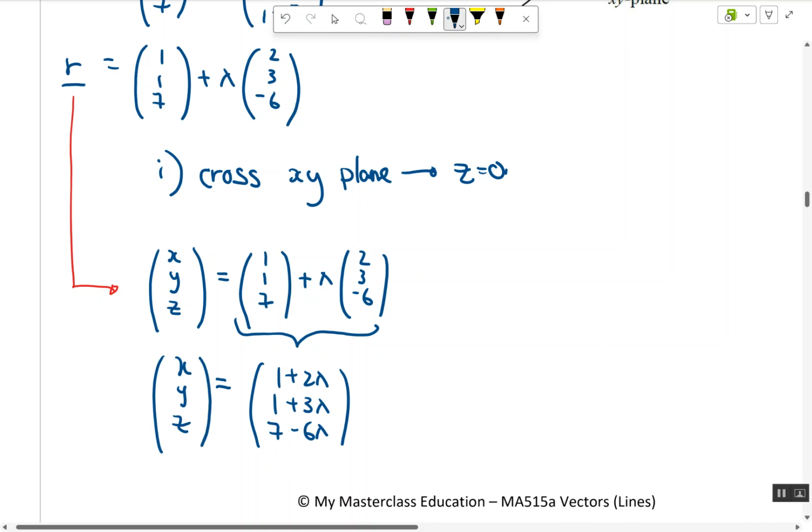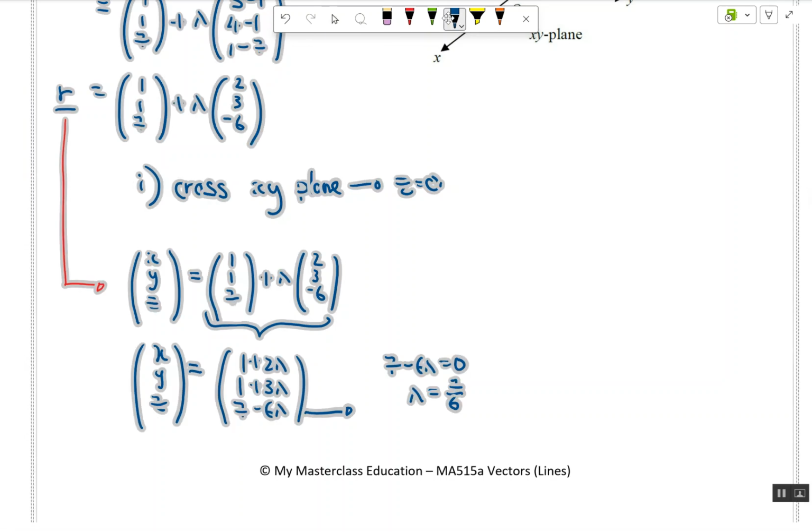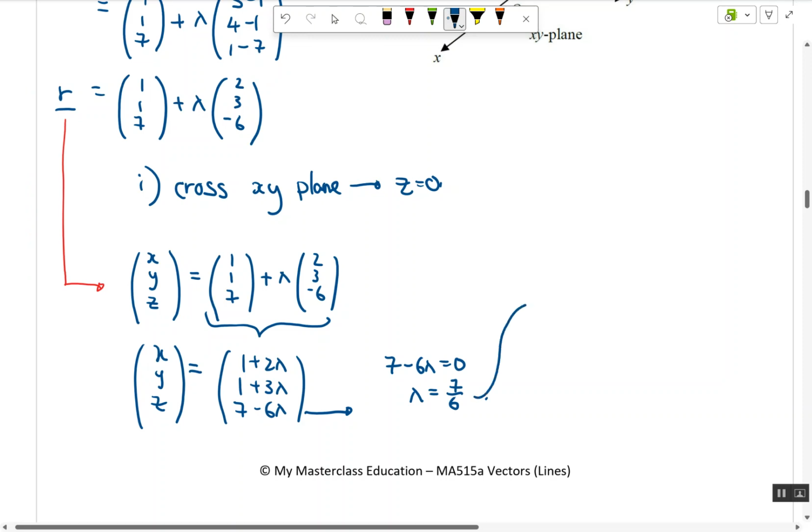Remember, crossing the xy plane means z equals 0, so just look at this third equation: 7 minus 6 lambda equals 0, so lambda equals 7 over 6. It's important to understand how I find lambda, and after I find lambda, it's always to sub it back into the whole thing.